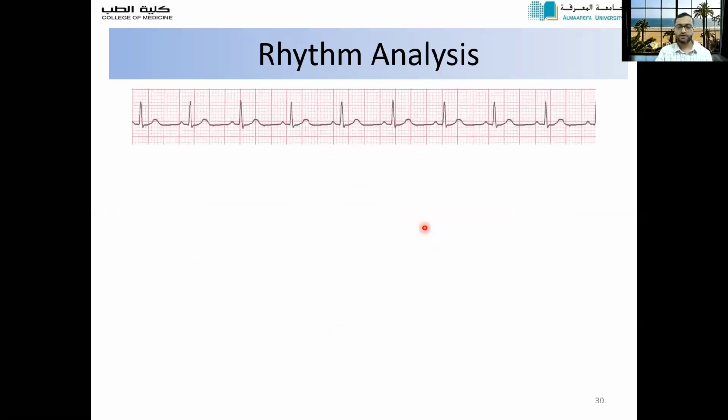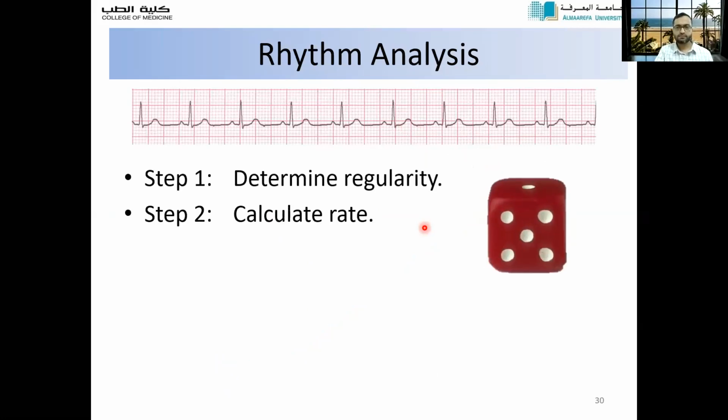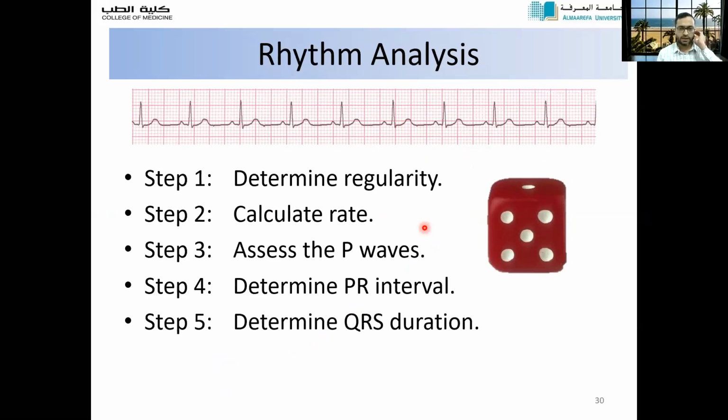For doing this, we follow 5 steps: determining the regularity, calculating the rate, assessing the P wave, determining the PR interval, and determining the QRS duration. These are the 5 steps we have to follow.